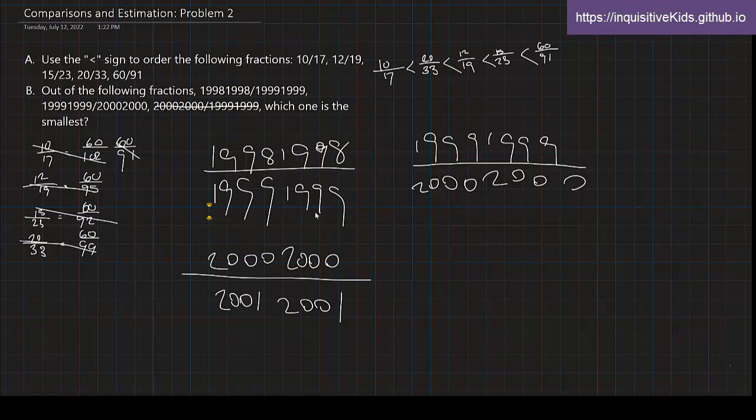So you are correct. This is the smallest if you chose that. But why? Can you tell me why? Well, you first start with looking at the numerator and denominator.